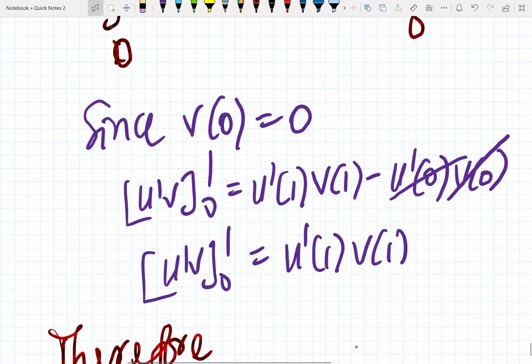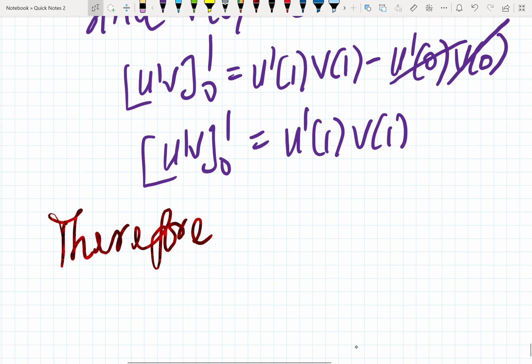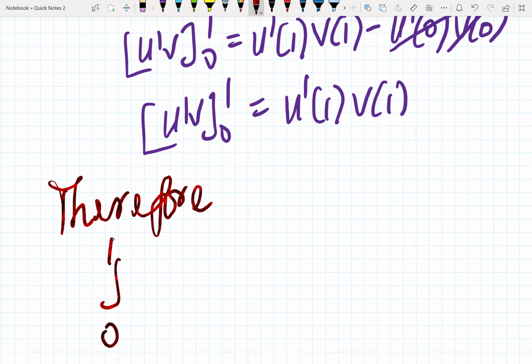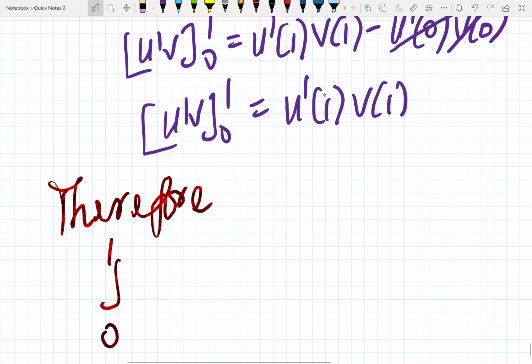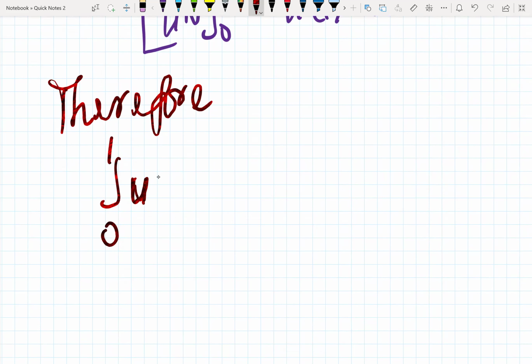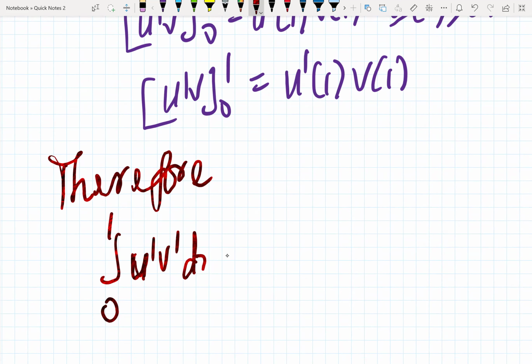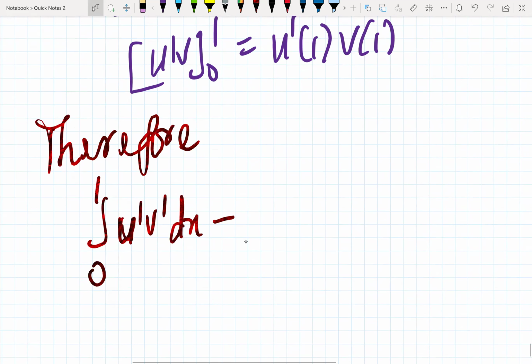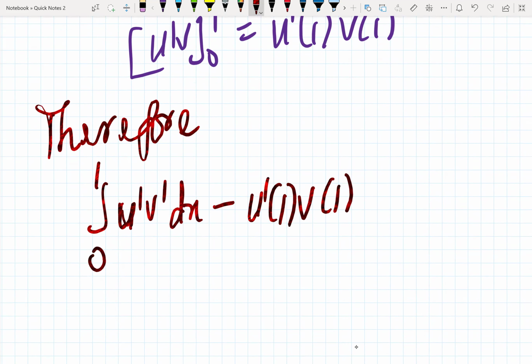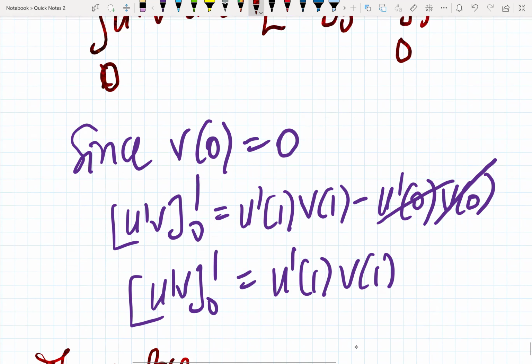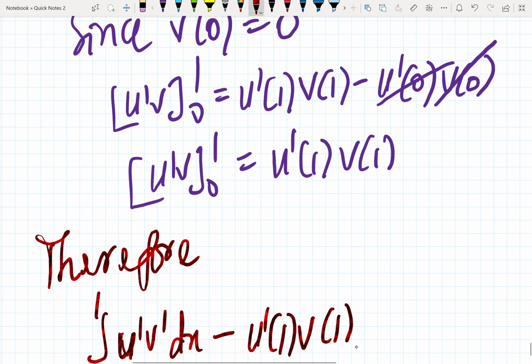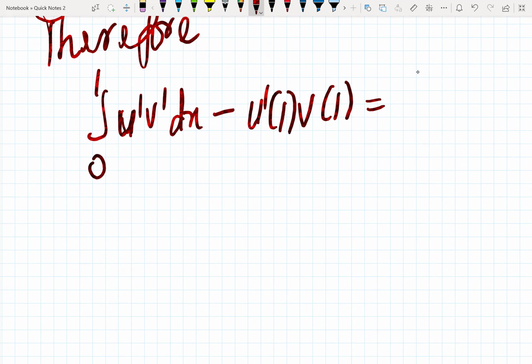Since we have this in place, we just have the integral from 0 to 1 of u prime v prime dx minus u prime of 1 v of 1, and on the other side, the integral from 0 to 1 of fv dx.